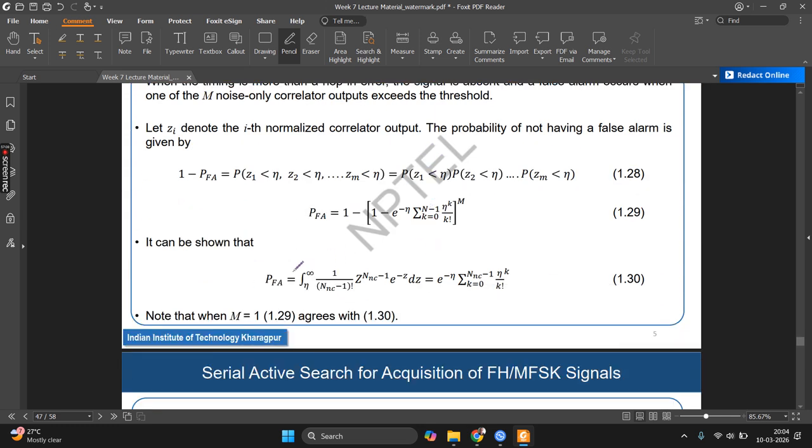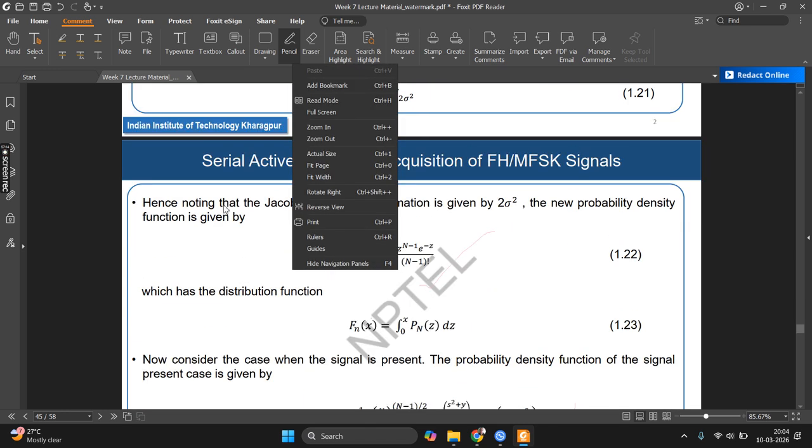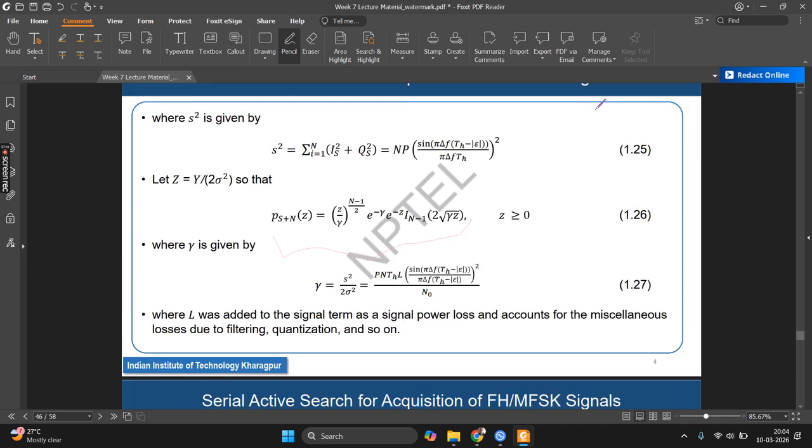Now you have to derive the false alarm probability. False alarm probability means that with only noise, your threshold will get crossed.